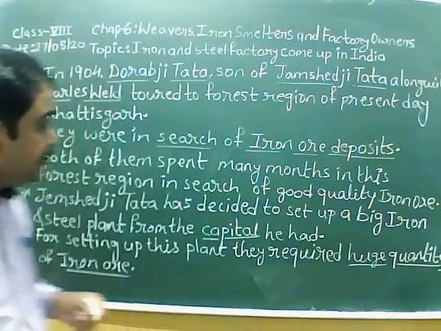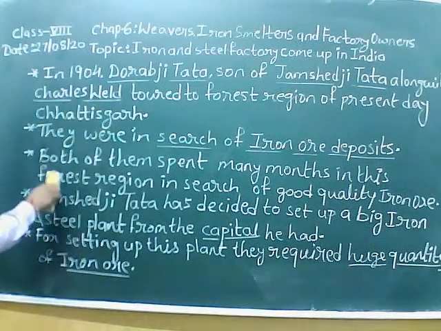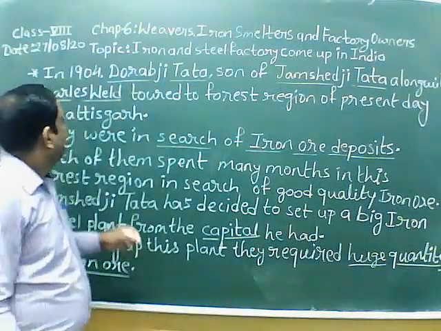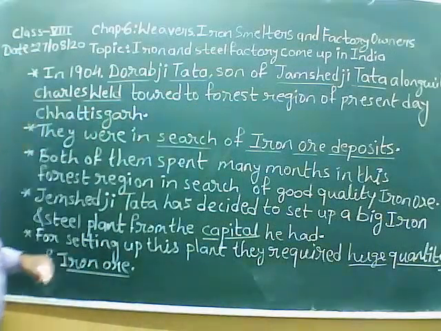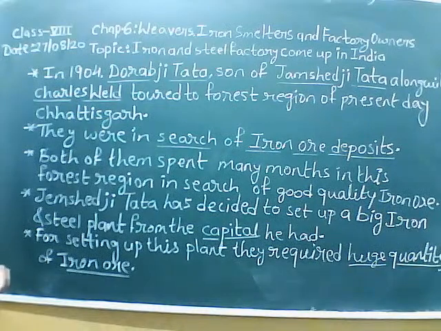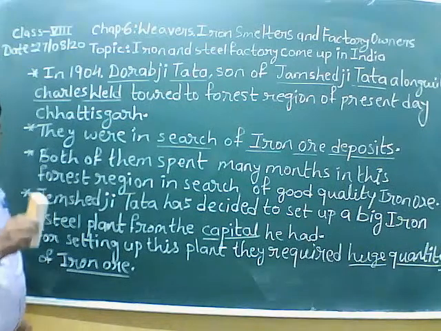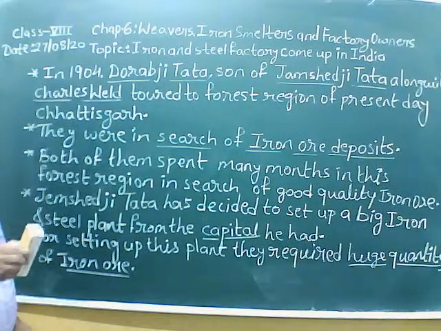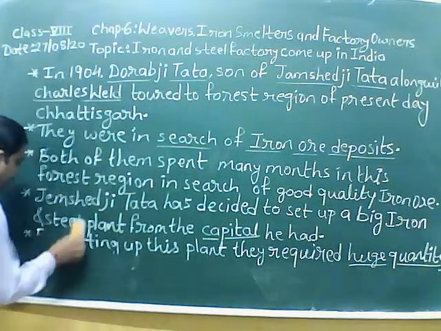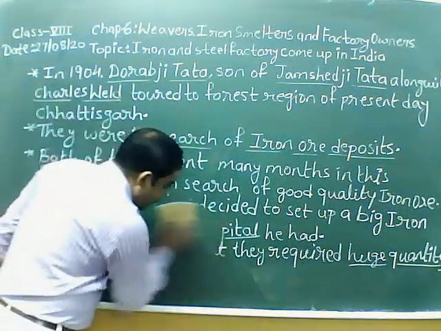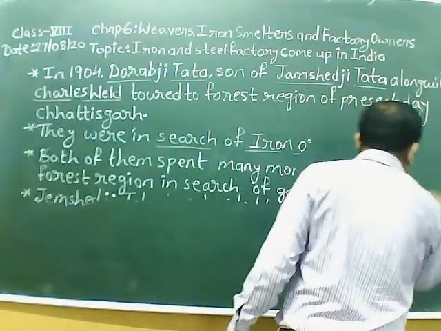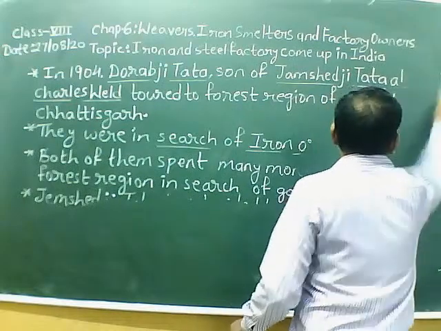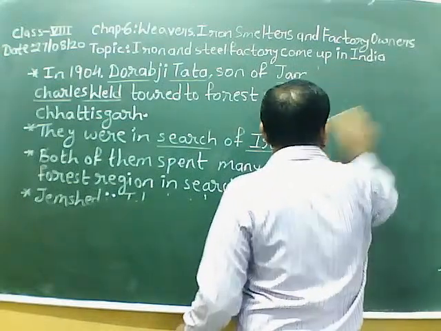Got it? And for that, Dorabji Tata, along with Charles Webb, were touring different parts of Chhattisgarh. Why were they touring? They were touring for searching iron ore. For that they spent many days, a number of months, touring from one place to another.